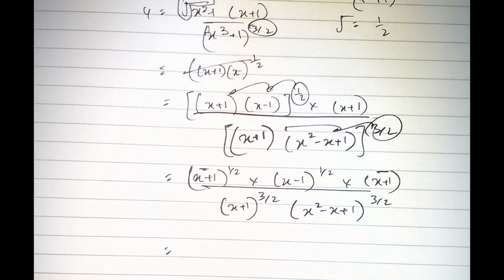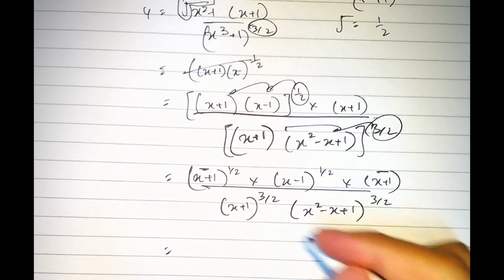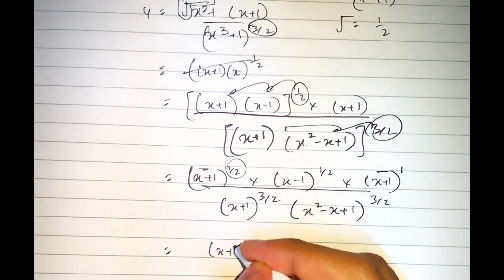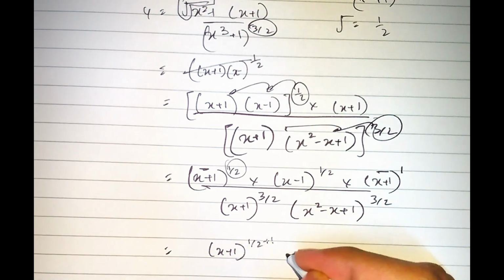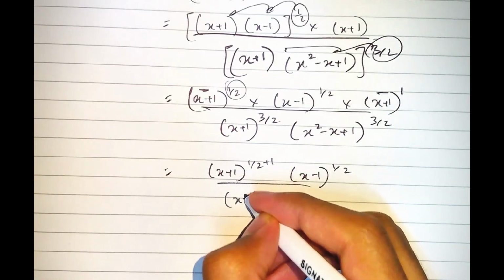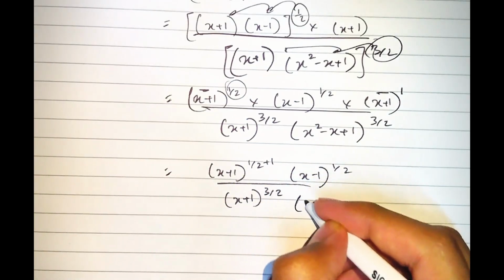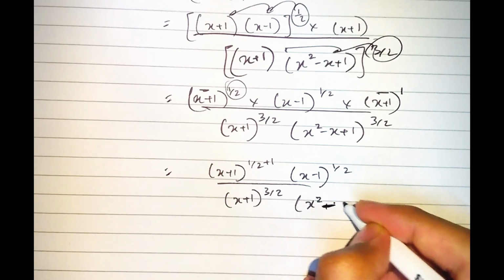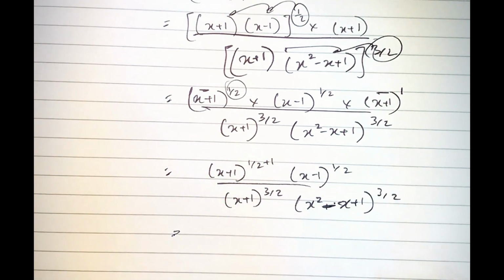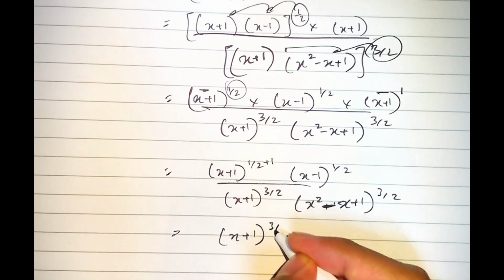Okay, so we can see over here when the bases are same, the powers will be added. So the bases x plus 1 are same, so the powers will be added. So the powers are 1 divided by 2 and 1. So we can add them: x plus 1 to the power 1 by 2 plus 1, which is 3 by 2. Over here we have x plus 1 to the power 3 by 2 and x squared minus x plus 1 to the power 3 by 2. So when we add 1 divided by 2 with 1, it would be 3 by 2.